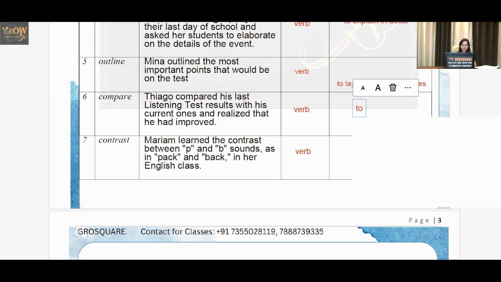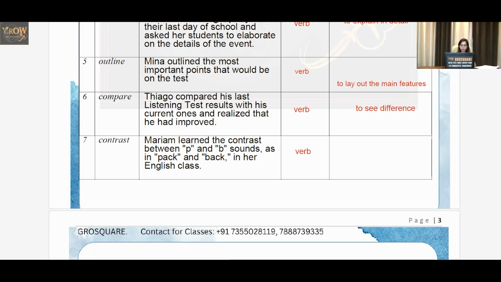So compare means to see difference, and contrast means to determine how things are different. So what we are saying basically is that कंपेयर का मतलब क्या होता है कि हम जस्ट डिफरेंस देख रहे हैं.